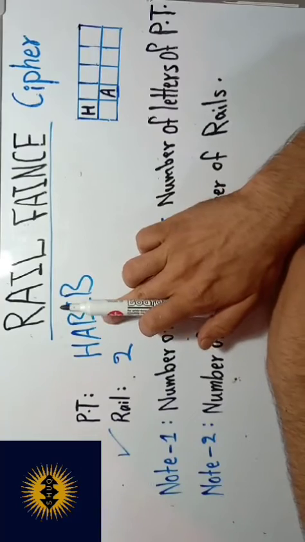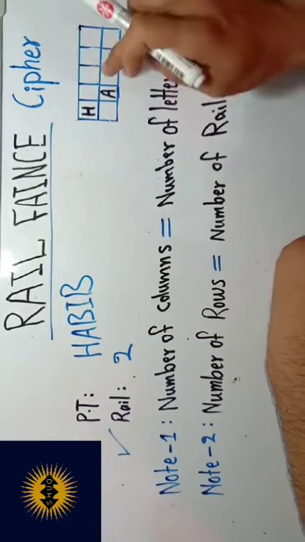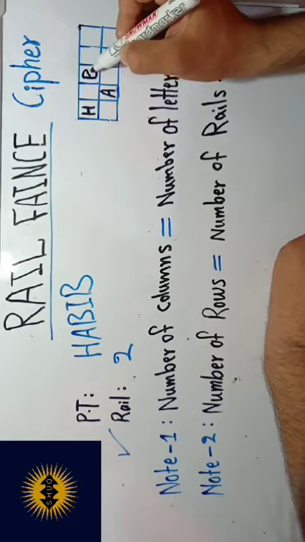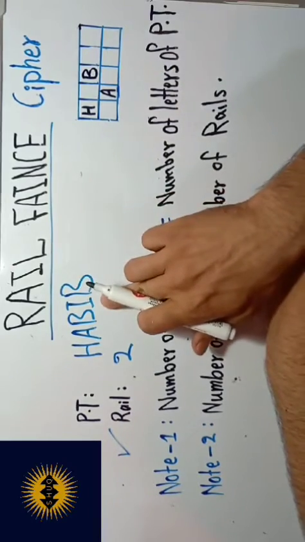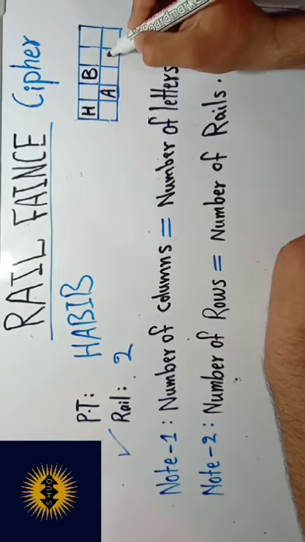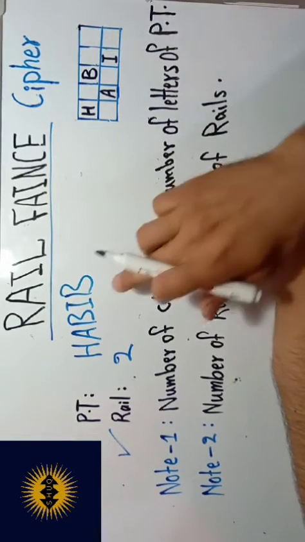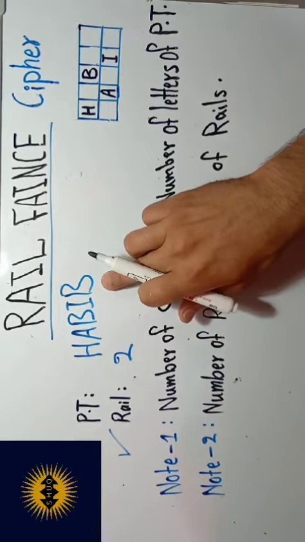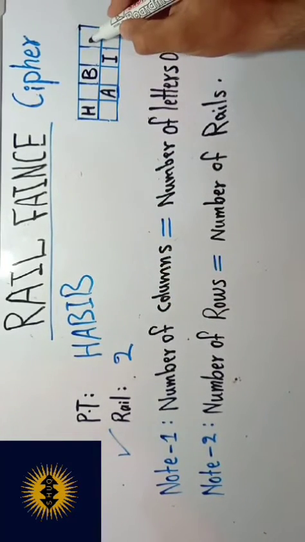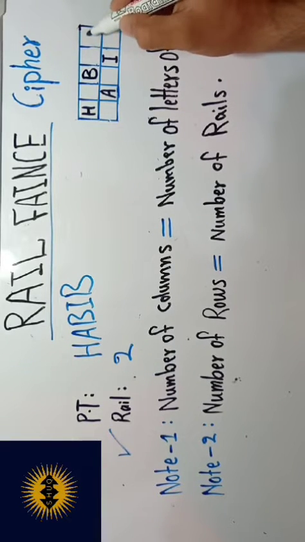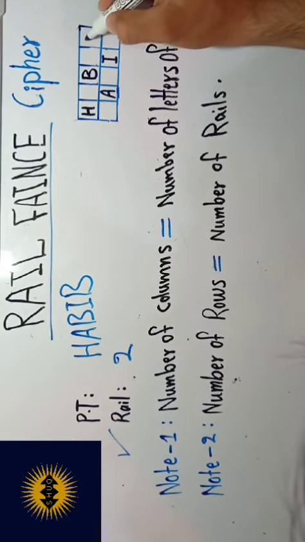The third letter, B, should be written in the third column and first row. The fourth letter, I, should be written in the fourth column and second row. The fifth, or last, letter, B, should be written in the fifth column and first row.